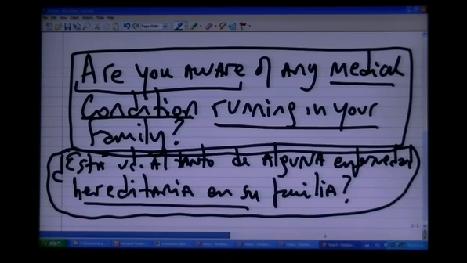Now, there is another one that you will sometimes hear doctors say, and let's see if you can figure this out. I'm going to write it in English, and then I'm going to ask a volunteer to tell me what would be a good translation of the following expression. Okay, so may I move on to the next page? Okay, so here we go.